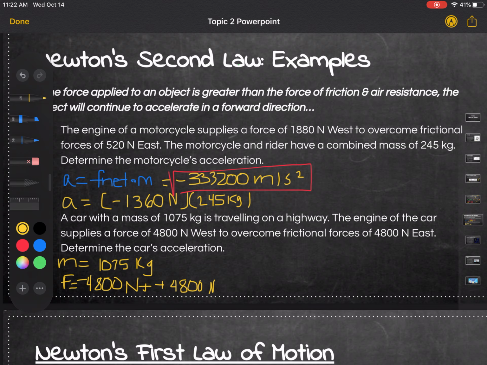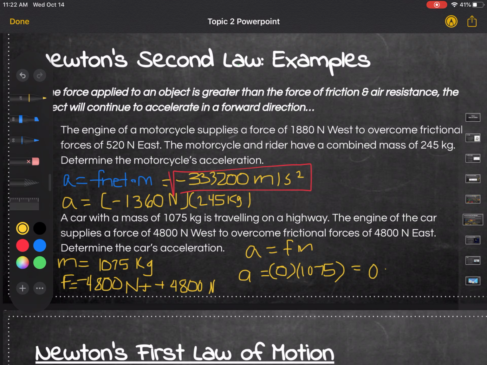Okay, so again, we're using a is equal to F net divided by m. Our acceleration is going to be our force, which is 4,800 plus or minus 4,800 basically. So if we do that, it would be 0, divided by our mass of 1075. Hopefully you already know that anything divided into 0 is 0.